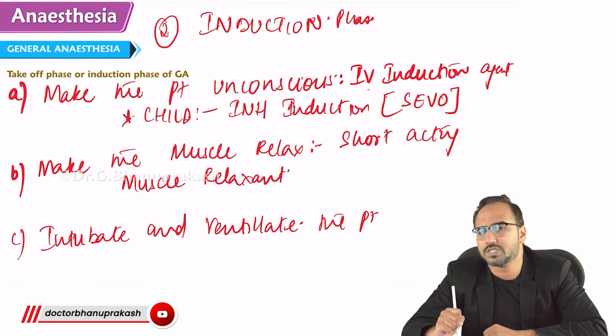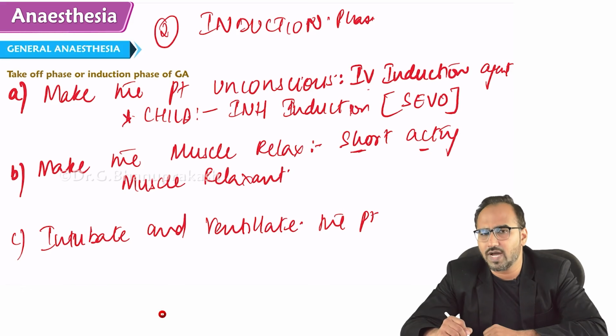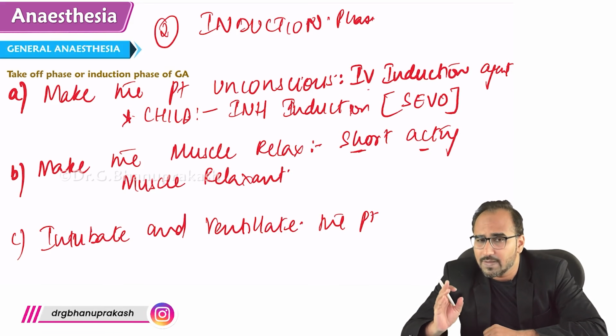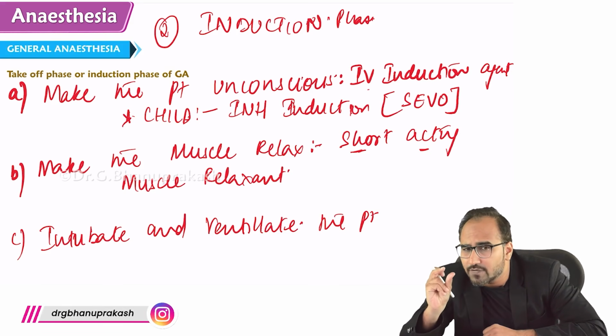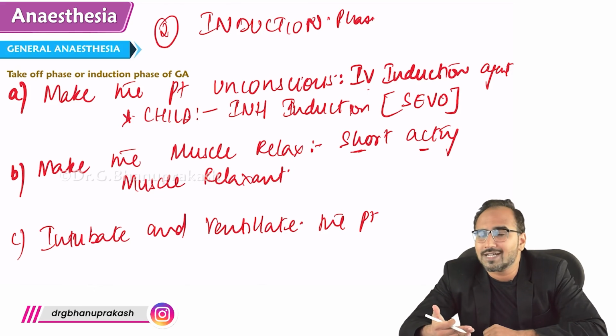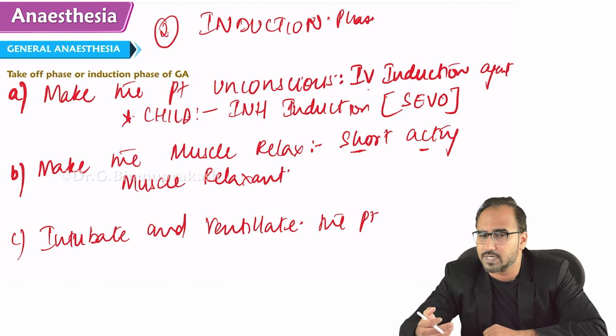Which one will you choose before intubation? Always remember, guys, before intubation, always give a short-acting muscle relaxant. Why? If you fail to intubate, the patient won't die, because the muscle relaxant acts only for a short time. But if you give a long-acting muscle relaxant, then it becomes your responsibility to intubate this person.